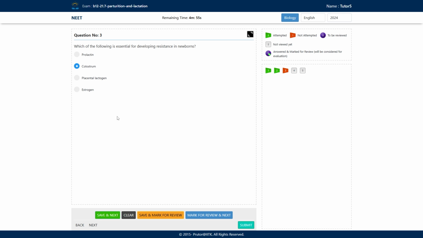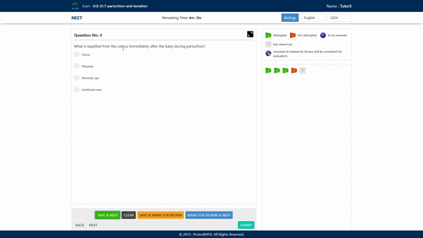What are antibodies? They are immunoglobulins. So it consists of immunoglobulin A, which provides resistance to the pathogens. It provides immunity in the newborn. The answer will be option number B, colostrum.